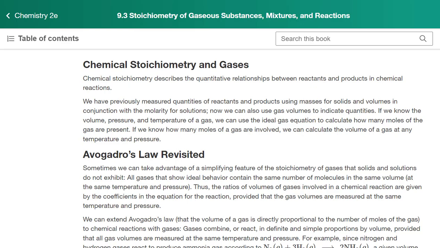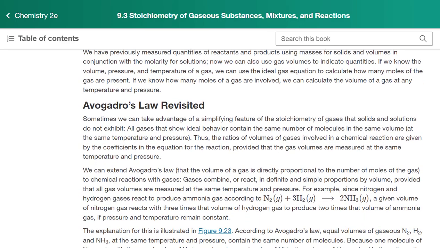This part, however, is not new. We know about stoichiometry, we know about gases. The new part is combining those two ideas. We've talked about moles in chemical reactions, and we've also talked about moles in gases. Those are the same ideas, and we can link them together if we need to.